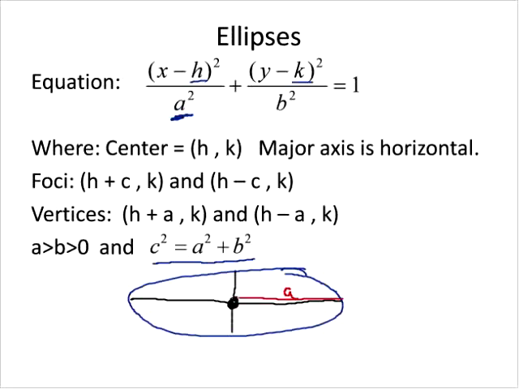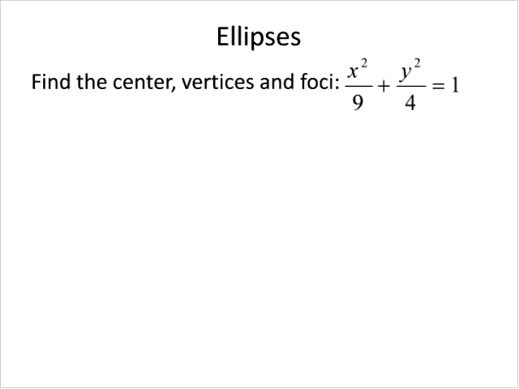That's the distance a. The c distance is the distance from the center out to the foci. And if you want to think of it, b is the distance from the center up to the end of the minor axis. That's going to be the b value. Okay? Now let's work a problem.